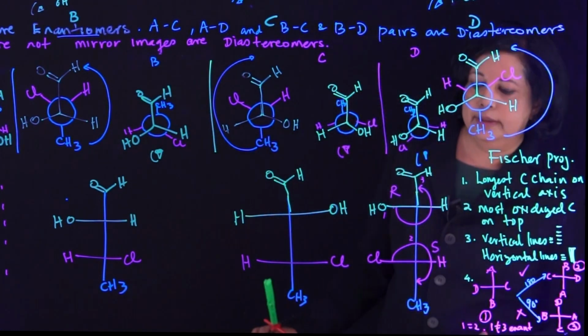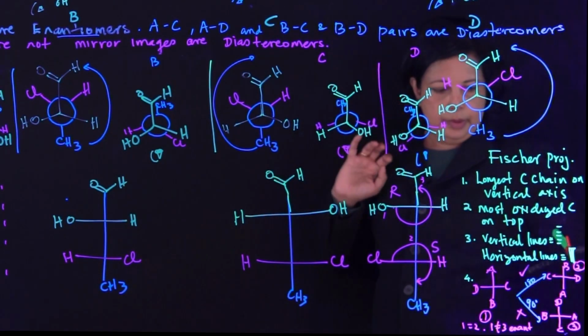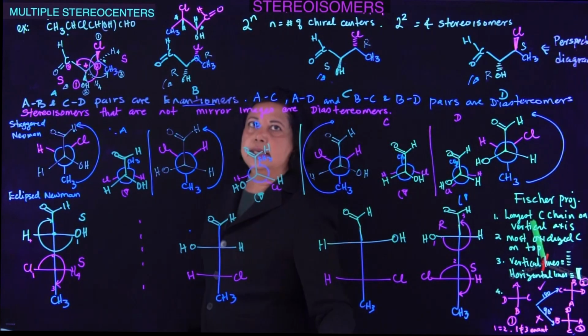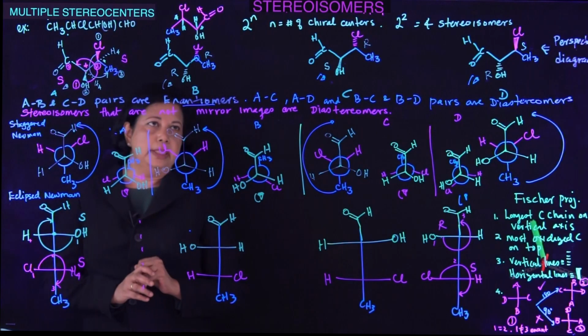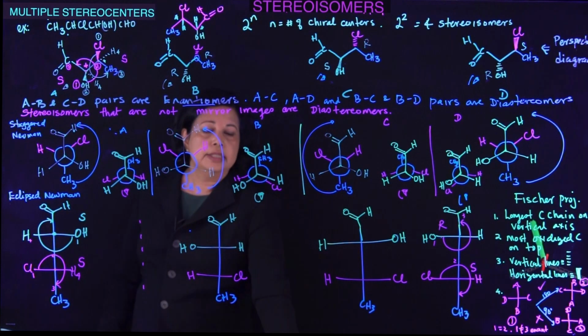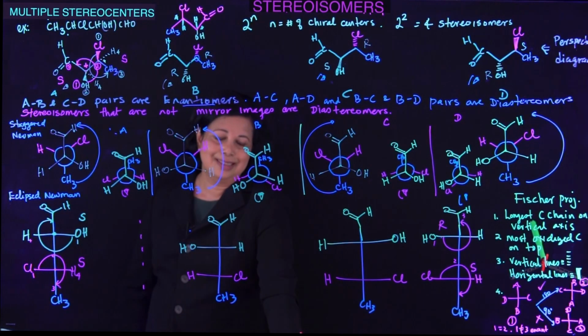Okay, there you go. All right, so those are some very important points to remember, that enantiomers are non-superimposable mirror images, and diastereomers are stereoisomers that are not mirror images.